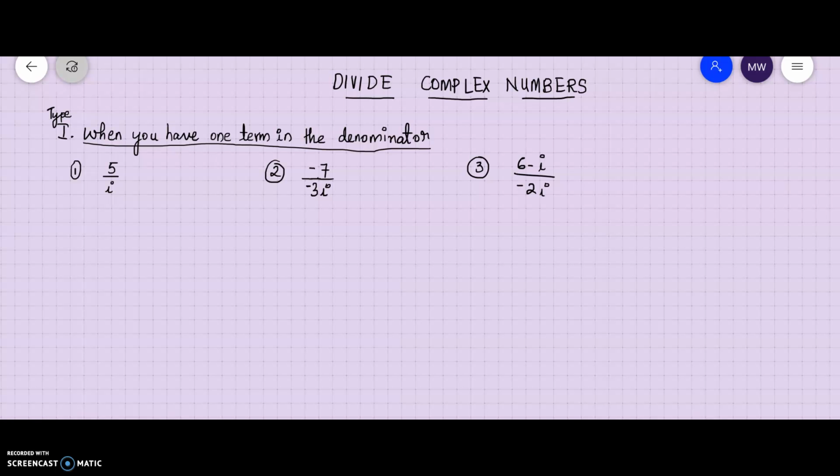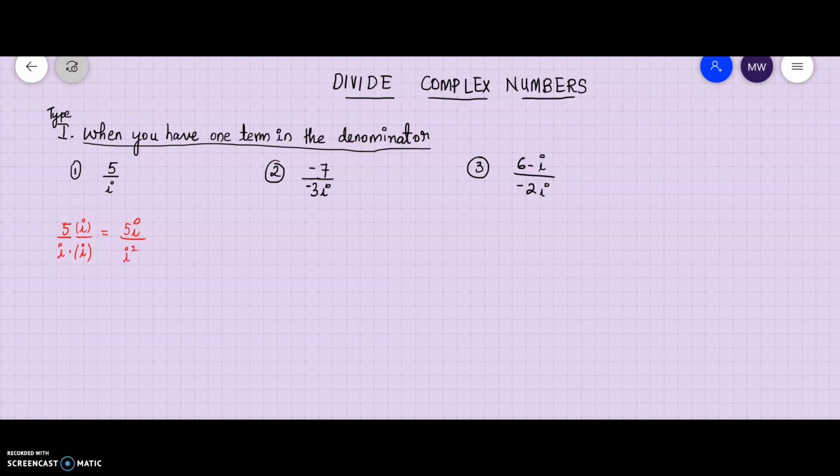Whenever you have only one term in the denominator, all you have to do is take the imaginary part in the denominator and multiply it to the denominator and the numerator, above and below. In the numerator you get 5 times i is 5i, and in the denominator you get i to the second power.